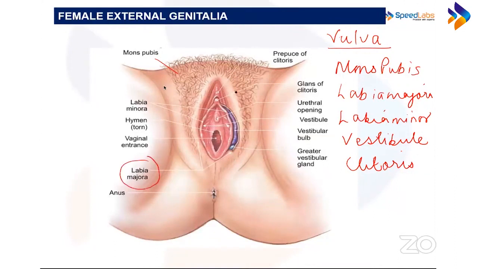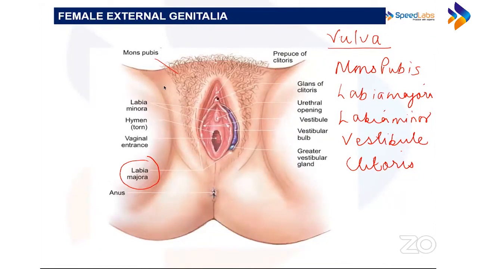Then there is the labia minora, which are also folds of the skin, present internally. So mons pubis, labia majora to the outside, labia minora inside.